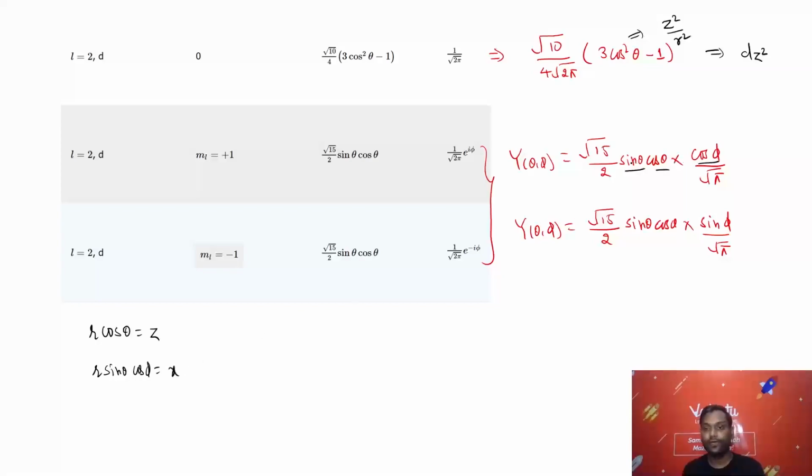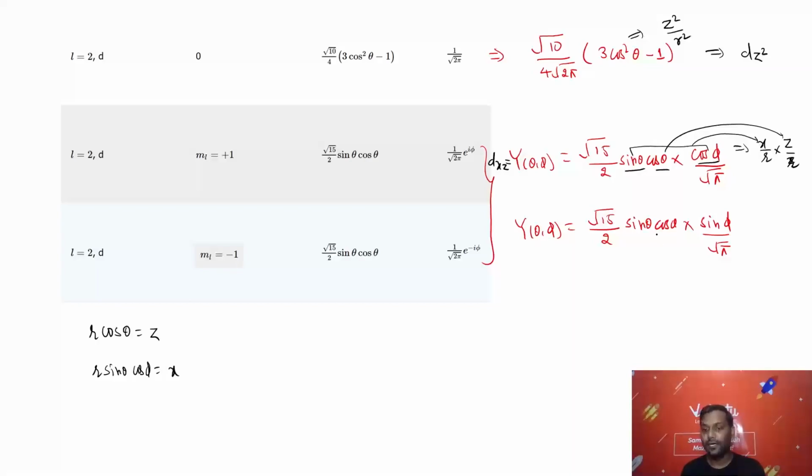So in place of sine theta cos phi, I will write x upon r, and in place of cos theta, I will write z upon r. So this would be x upon r into z upon r. Again, it's a d orbital, r square will be cancelled. So we have xz, which means this must be representing dxz orbital, right?